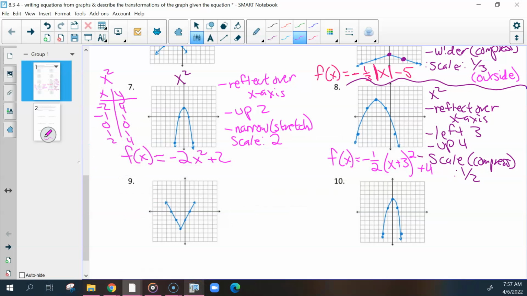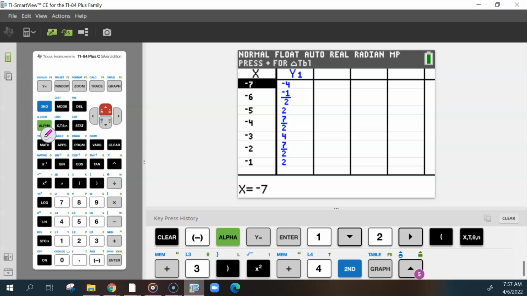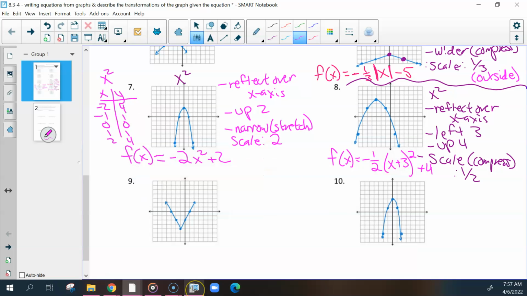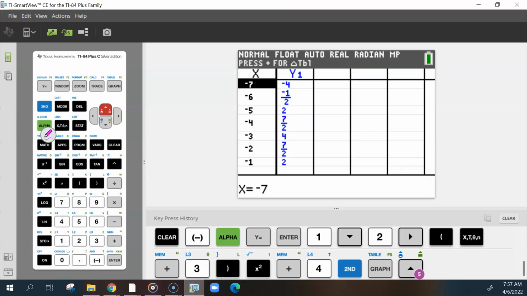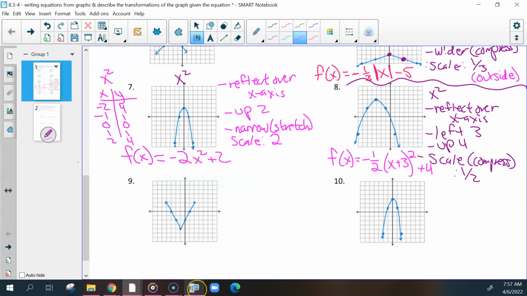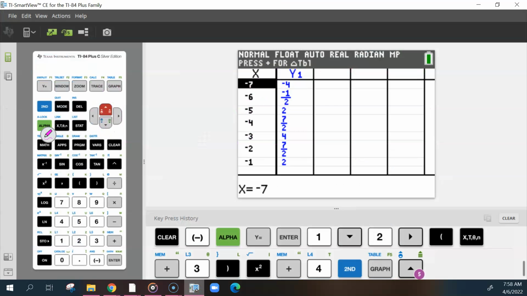So negative 7, negative 4, negative 5, 2, negative 3, 4, and then the point should repeat. Negative 1, 2, and 1, negative 4. Which they do. So our scale factor is right, all of our transformations are correct.